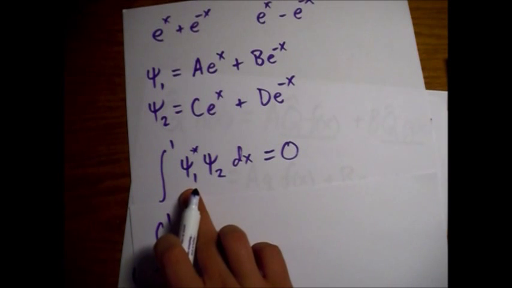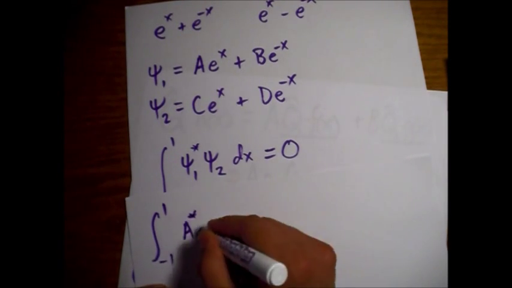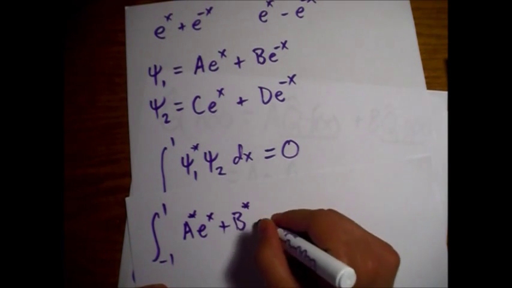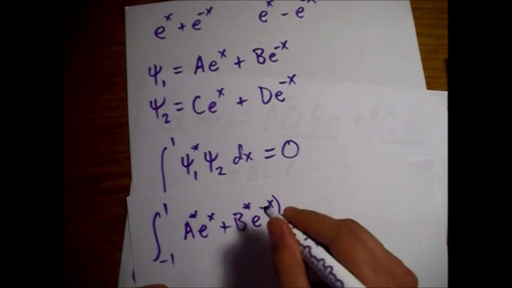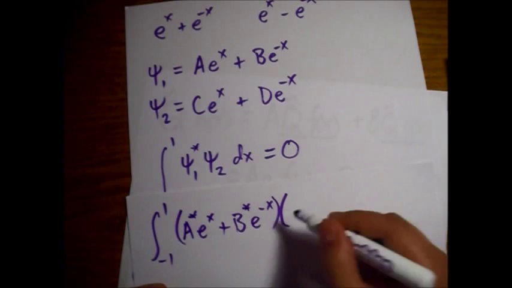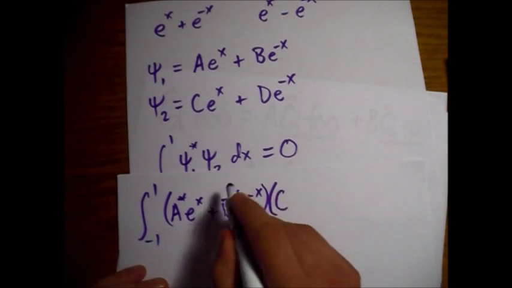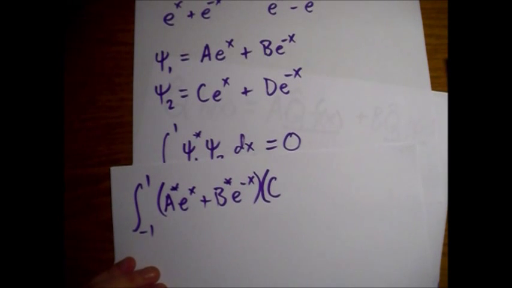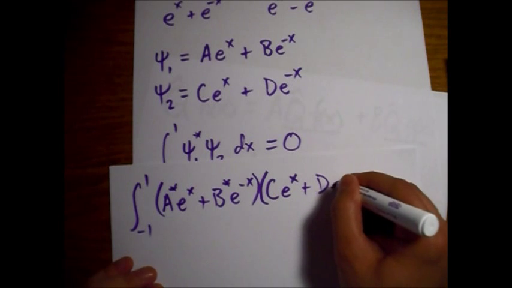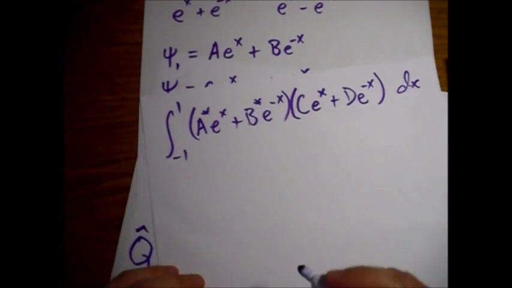Looking at C1 star, we'll have an A star e to the x plus a B star e to the minus x. So that's this guy right here. Now we will look at this other guy, C2, and we didn't take the conjugate of him, so e to the x plus d e to the minus x.